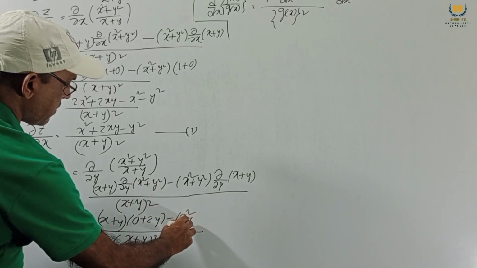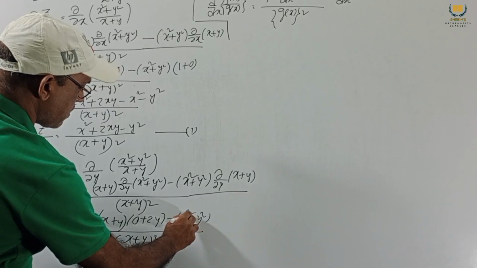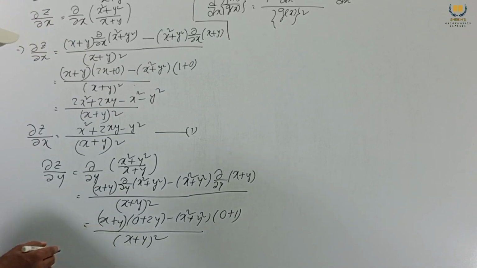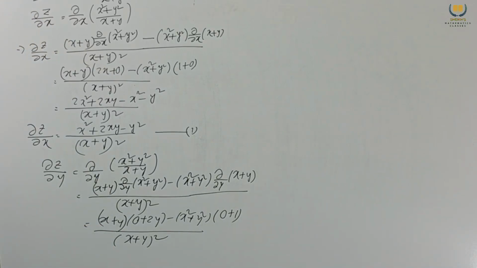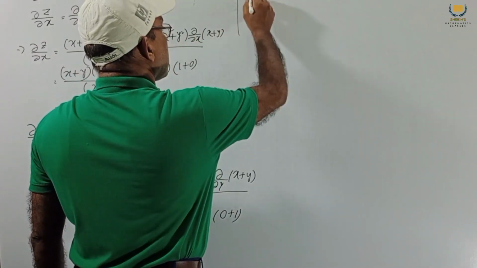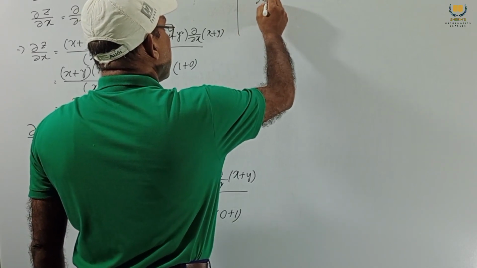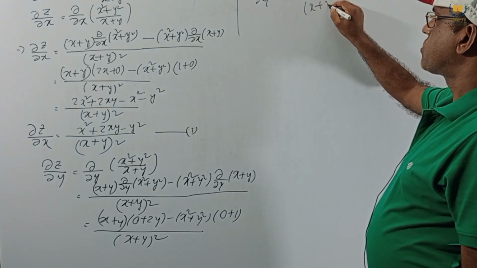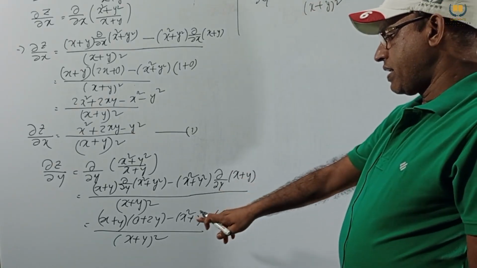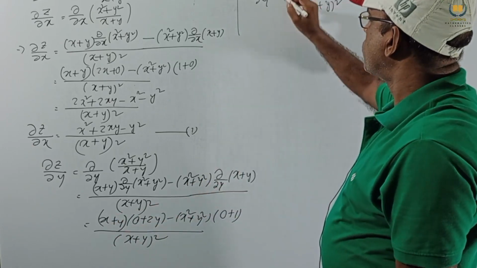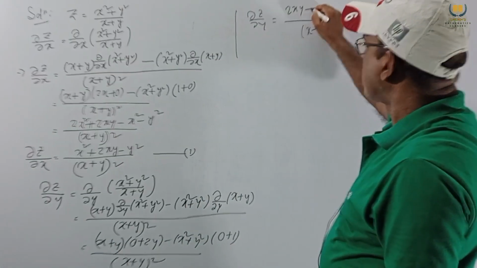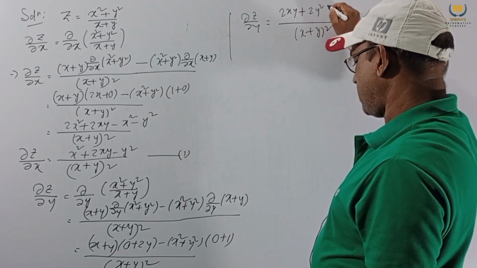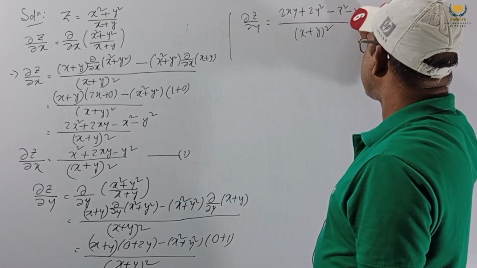This is x square plus y square, and this is 0 plus 1. We get this one. Now we have del z/del y. The denominator remains the same, (x plus y) whole square, and here we get twice y into this: 2xy plus 2y square, the 0 is cancelled, minus x square minus y square.